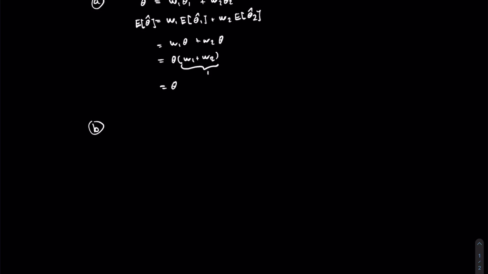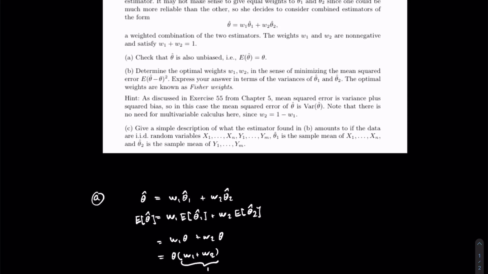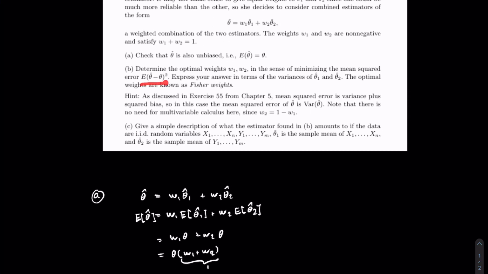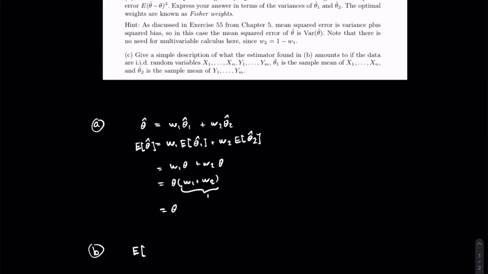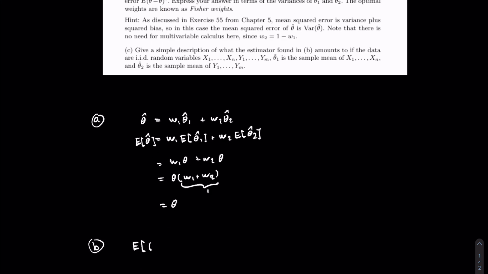Basically, we want the expectation of the mean squared error. The mean squared error is this term here. So the mean squared error is the expectation of the squared difference between our estimator minus theta, which is the target of interest.